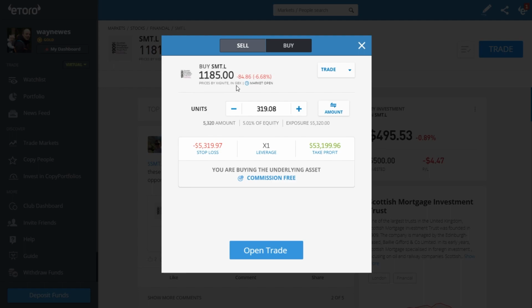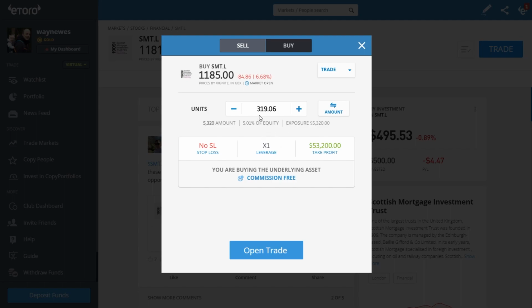And if you have a look here, you will see GBX, which basically means that this price is in British pence. So it's £11.85. So that's why we can buy a certain amount of them, and it would be a different amount in dollars.